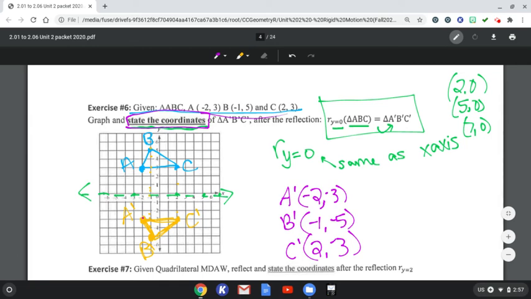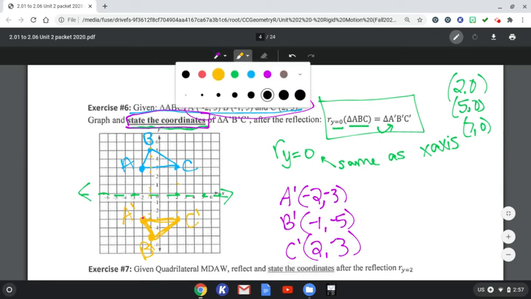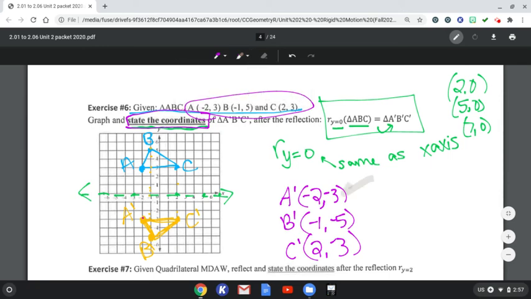So if you looked at the original ordered pairs and these 3 new sets of ordered pairs, the only thing that changed was all these y values. Okay, the y values became negatives because when we reflect over the x-axis, we change the y values.